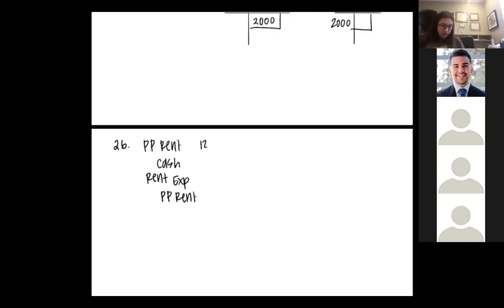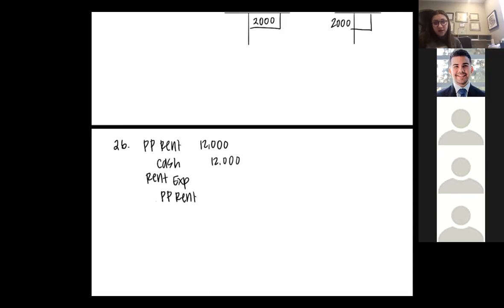So I'm gonna do 12,000. And what number should I put here? 1,000? Because you expensed 11 months already. No. This is my journal entry for expensing it. I haven't expensed any of it yet. For the first part, this is prepaid rent and cash is 12,000. So we're going to expense it out now.